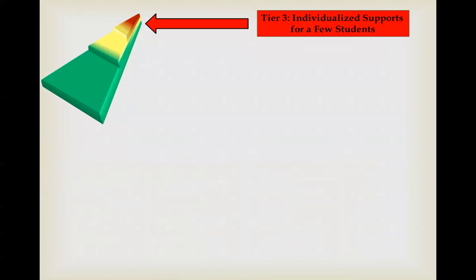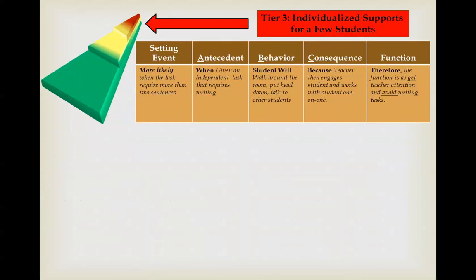So we're at Tier 3 now. This one's a little more crowded. Here's your behavioral pathway. You've conducted your FBA, and now you've got this summary statement. The student will walk around the room, put head down, talk to students when given an independent task that requires writing, because the teacher then engages student and works with student one-on-one.